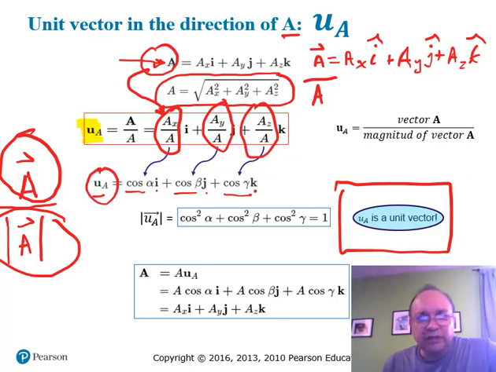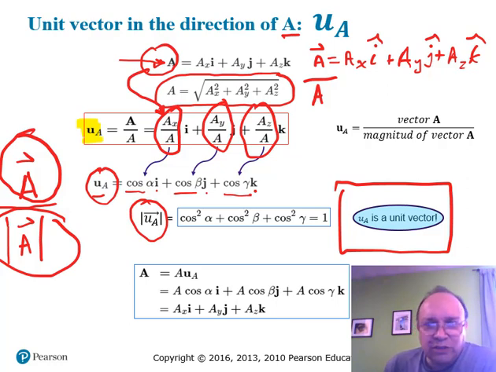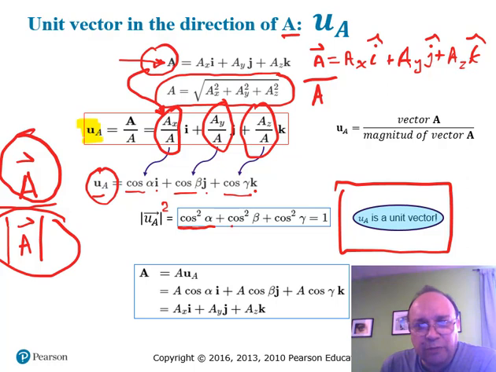And using the Pythagorean theorem in 3D, we know that the magnitude of this vector, which is 1, is equal to the square root of the squares of the components. To be strict, this should have a square here, but 1 squared is equal to 1, so it's okay. So we have this equation, which is very important to remember.